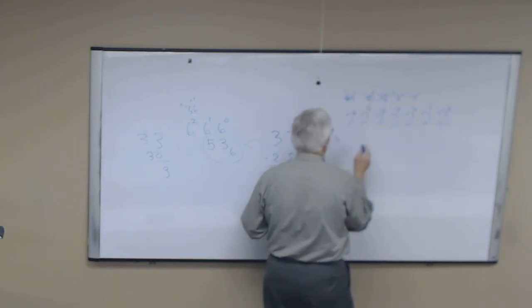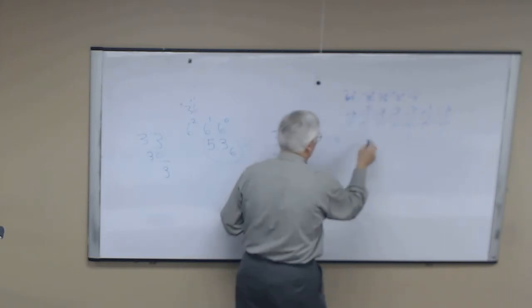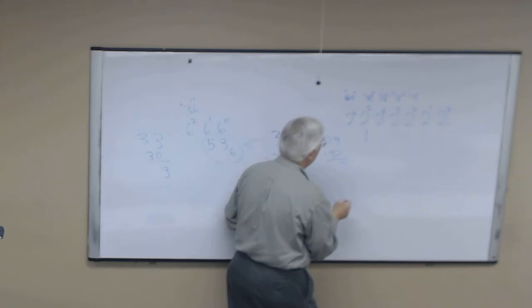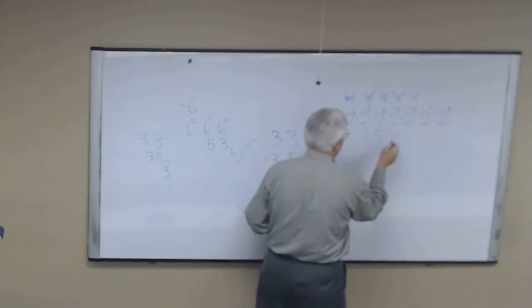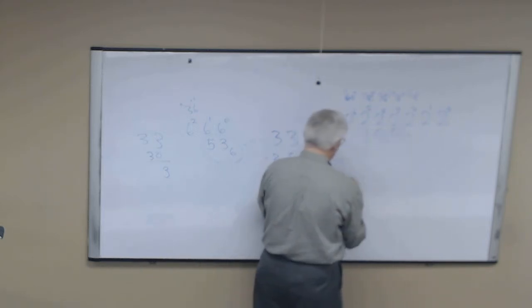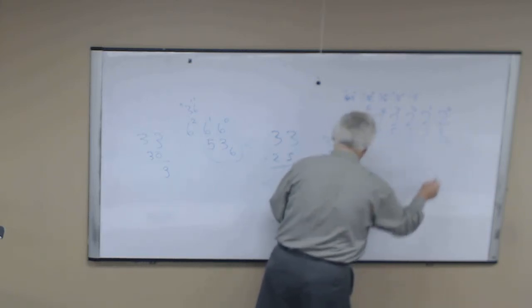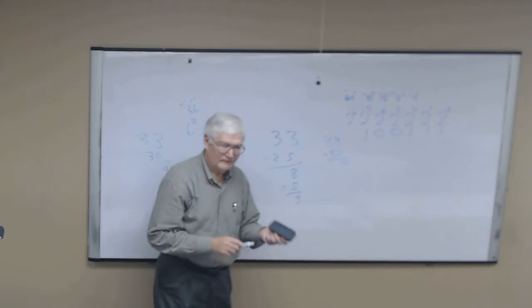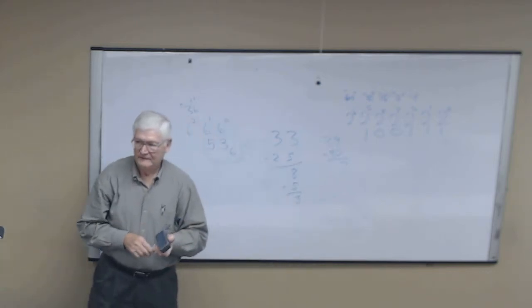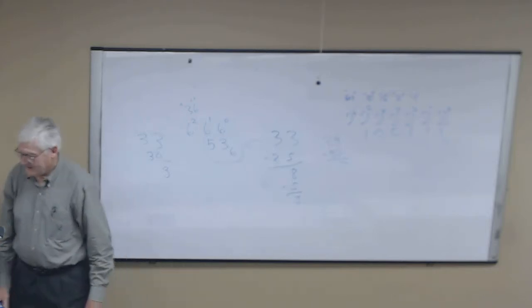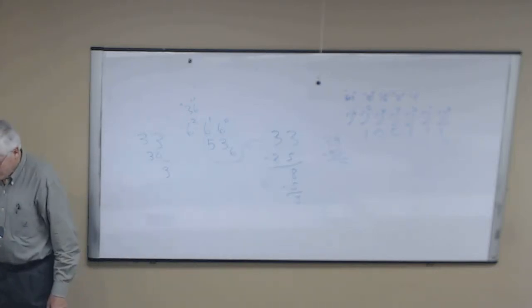I don't have any of those, but I do have a 32, so I put one of these and subtract 32. That leaves 7, so that means I have no 16s and no 8s, but 7 would be a 4, a 2, and a 1. Everybody follow that? You see that process? Good.